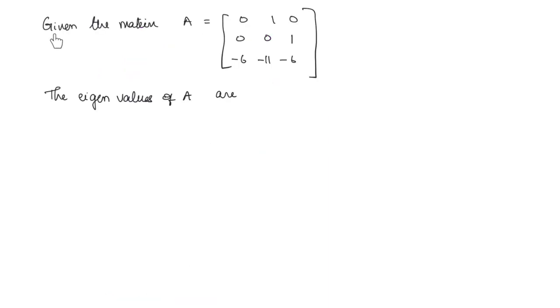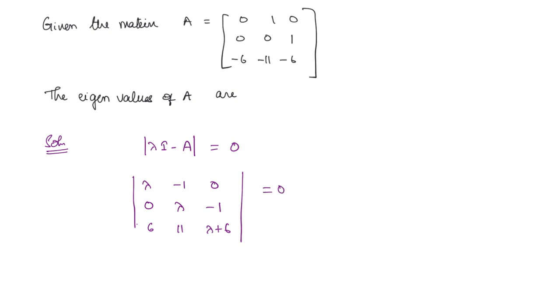Next question we have: given the matrix A is equal to [0, 1, 0; 0, 0, 1; -6, -11, -6], the eigenvalues of A are. So how do you solve this? In order to get the eigenvalues, you have to first equate the determinant of lambda I minus A to 0. So what will this be? [lambda, -1, 0; 0, lambda, -1; 6, 11, lambda plus 6].